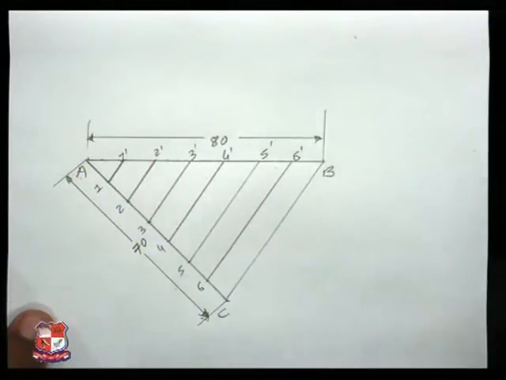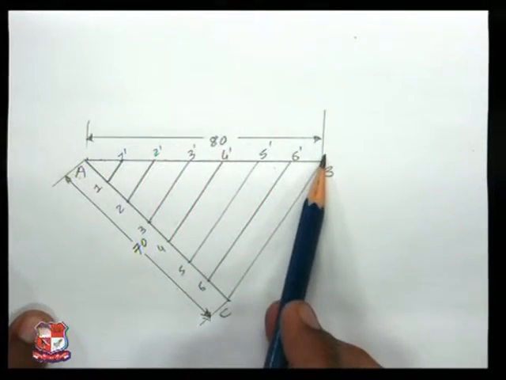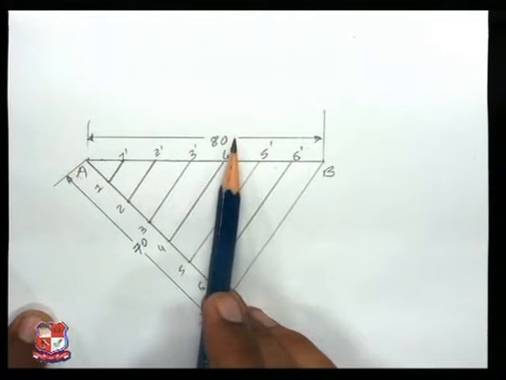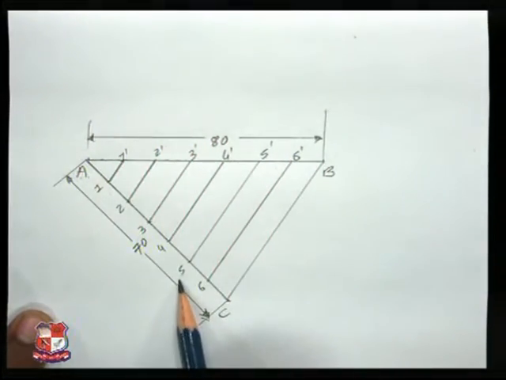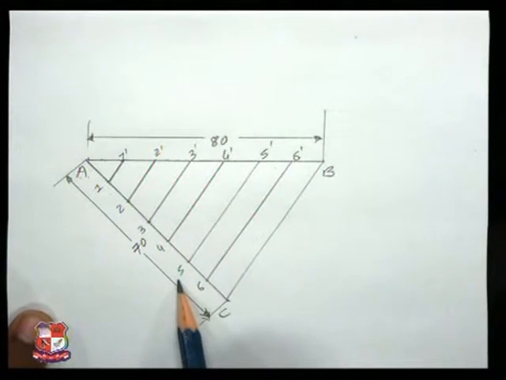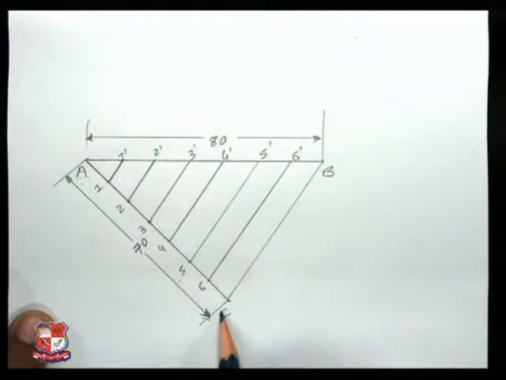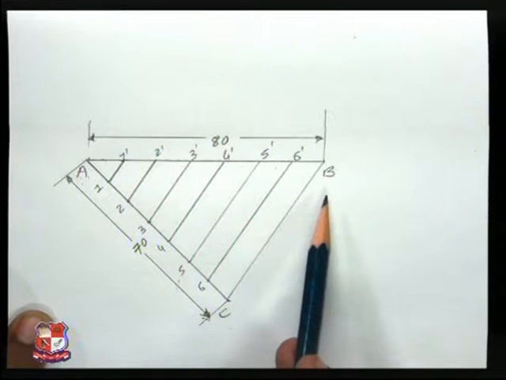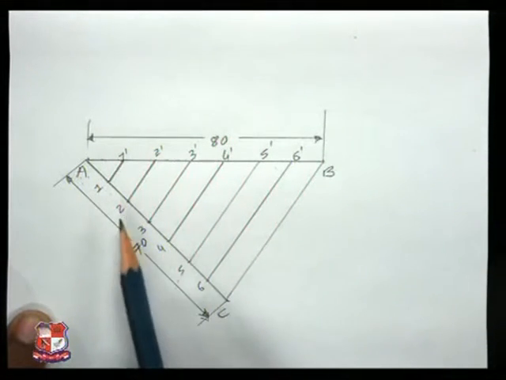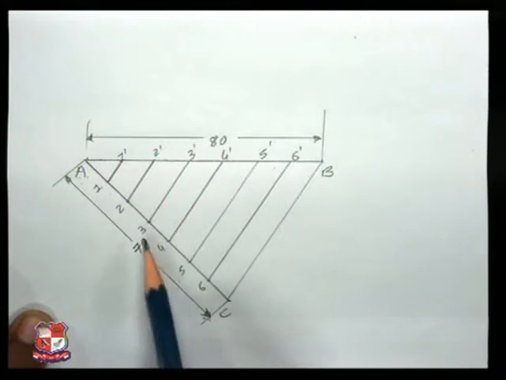I'll repeat again. First of all, draw line AB of 80 mm, then draw a line of 70 mm at any angle. Give the names AB and AC. Join BC. Then you need to divide this AC line into 7 equal parts.